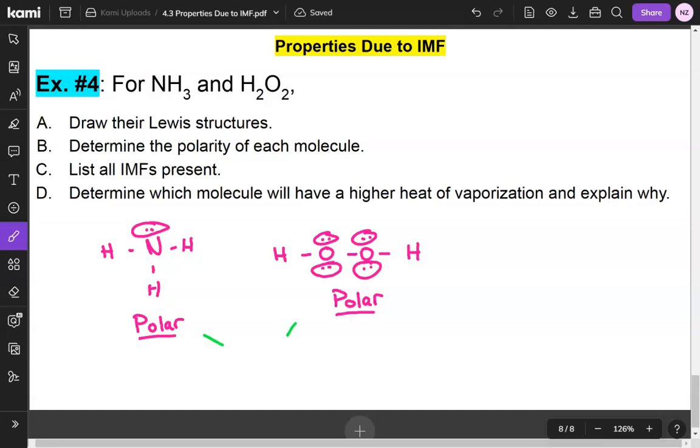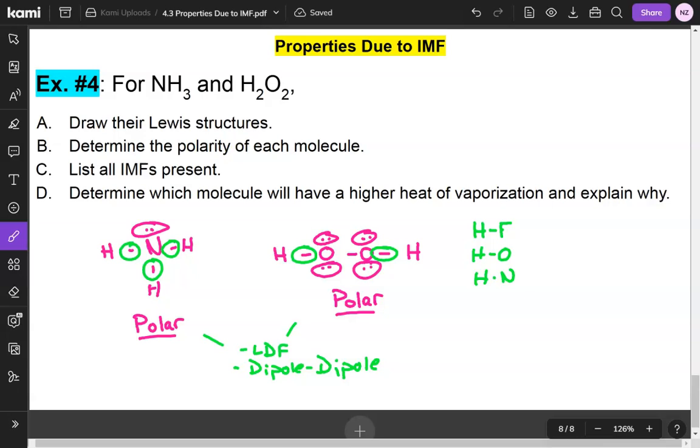They'll have LDF, dipole-dipole. All right, and then do we have one of the bonds needed for hydrogen bonding? Well, for NH3, we have 1, 2, 3 of those. For our H2O2, let's see, we have 1, 2.